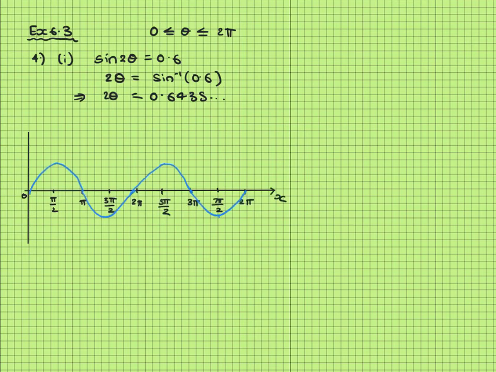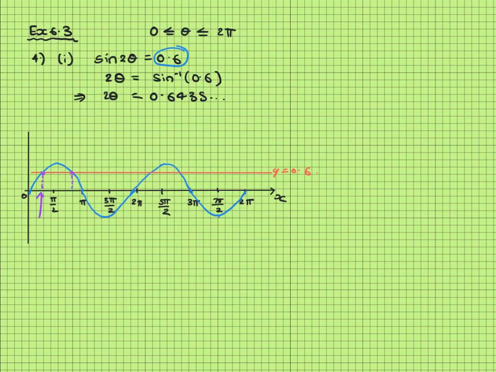So here's the sine curve drawn from 0 all the way up to 4 pi, and we're solving sine 2 theta equals 0.6. So I'm going to add to my sketch diagram a horizontal line, which is y equals 0.6, and then each intersection gives me a value of 2 theta.